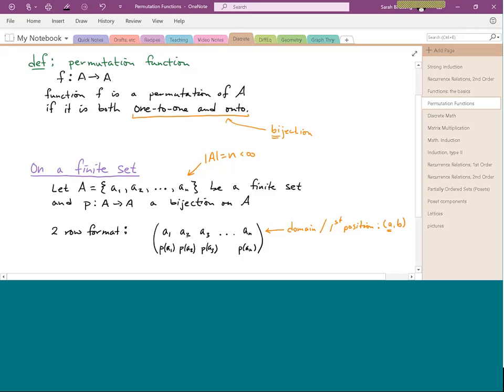Okay, so this looks like a two-row matrix. Now, the second row down here, with these symbols P of A1, P of A2, or really standard function notation, those are your range, or if you will, the images of each one of the elements A1 through AN. In terms of ordered pairs, these are your second positions.